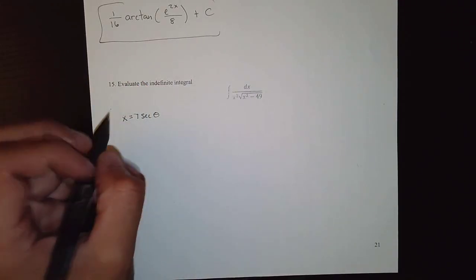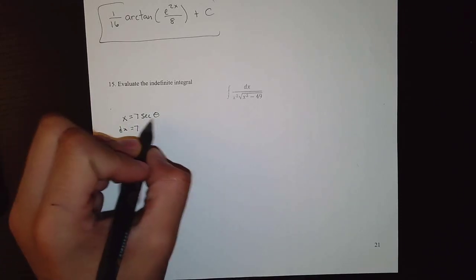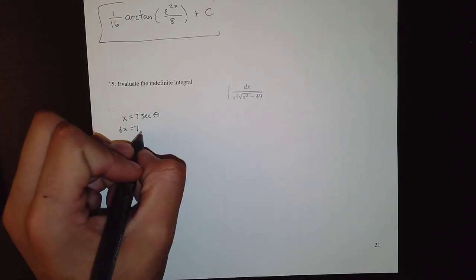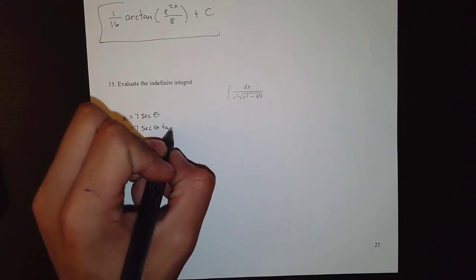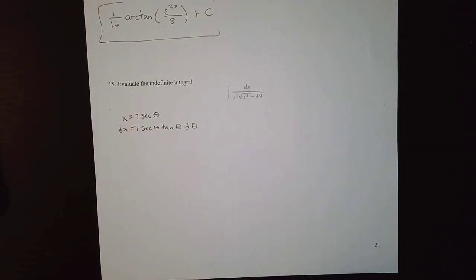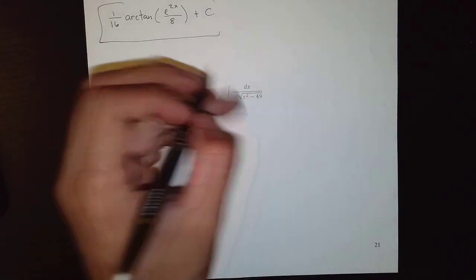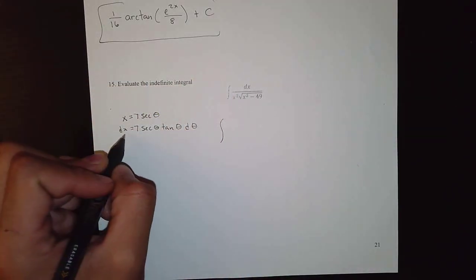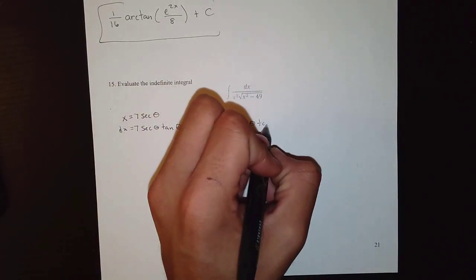So if we differentiate, we have dx is equal to 7. The derivative of secant is just secant tangent. And we're differentiating with respect to theta now. And so when we use this to rewrite our integral, we can say our dx becomes 7 secant theta tangent theta.